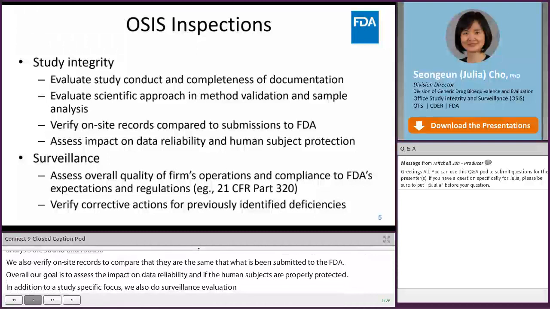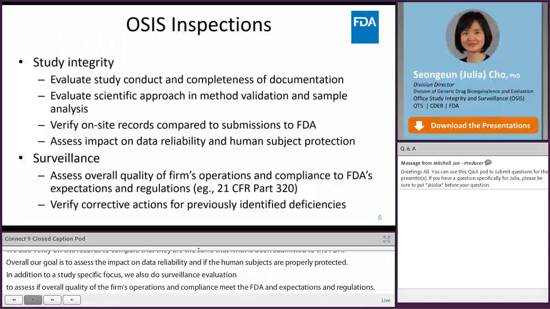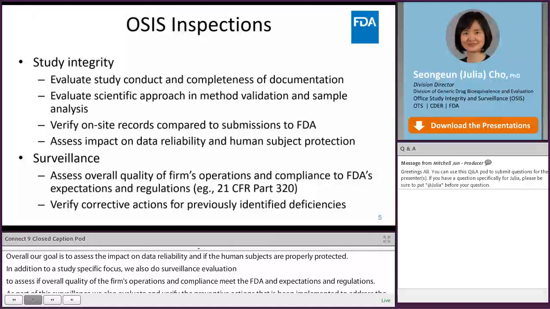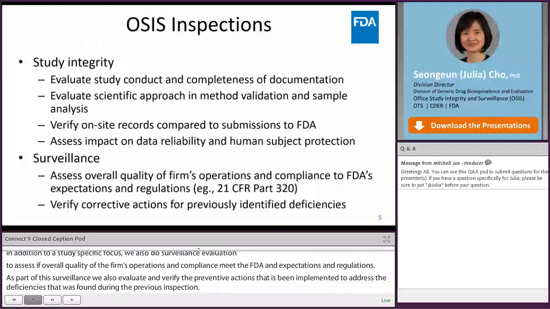As part of the surveillance, we also evaluate and verify the corrective and preventive actions that the firm has implemented to address the deficiencies that were found during previous inspections. And this is to ensure that the subsequent studies conducted afterwards were not impacted by the same or similar deficiencies.